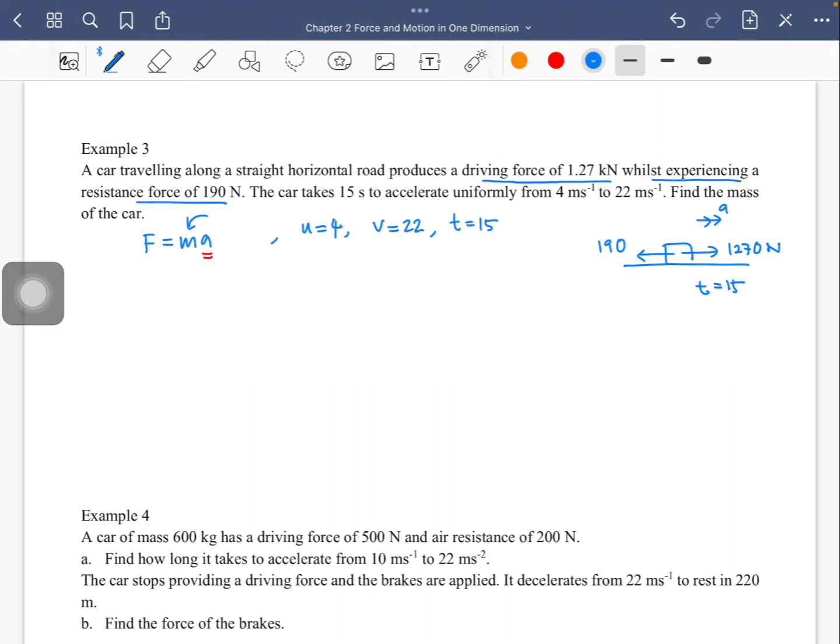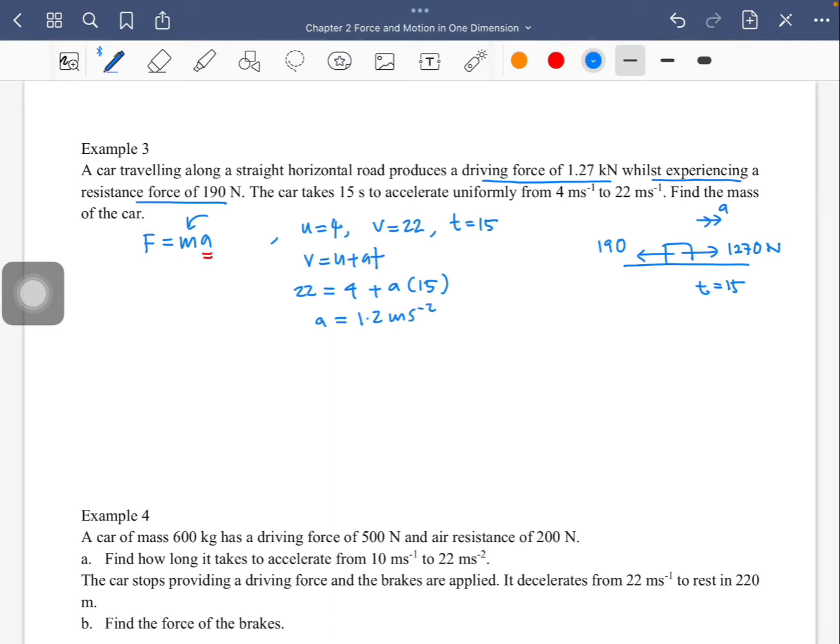What is the best formula to use here? It is v equals u plus at. So v is 22, initial velocity is 4, plus the acceleration, the thing that we need to find, multiplied by 15. Calculating the value of acceleration here, we will get 1.2 meter per second squared.